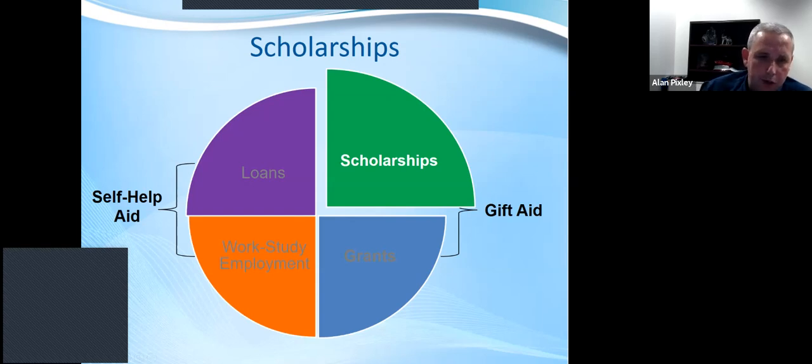The best way for those university and college scholarships is to go to their website and search for scholarships. Look at all those that may be ones that you would qualify for as a student, and then apply.